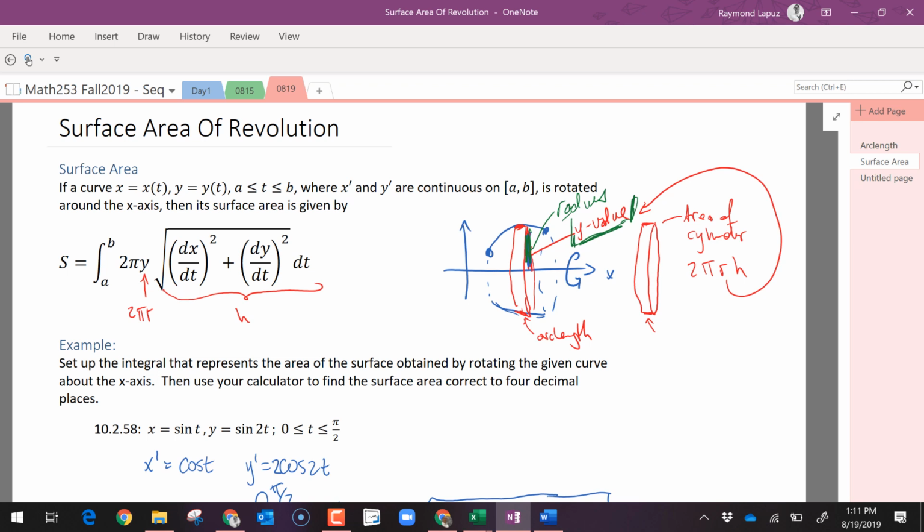Now, I don't think they're going to get fancy and have it spun around a different axis like you guys did in Calc 2. But if there is, you just look at the measurement of the radius from the center of rotation to however far that curve is, and then that's going to be your radius. The height will always be the arc length because we're looking at the arc length that's being spun around. So the only change would be instead of a y, you'll have an x. Any other questions?